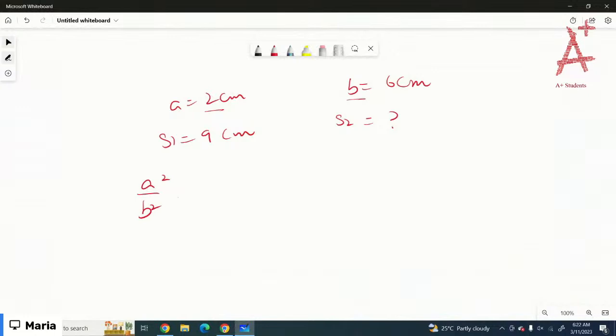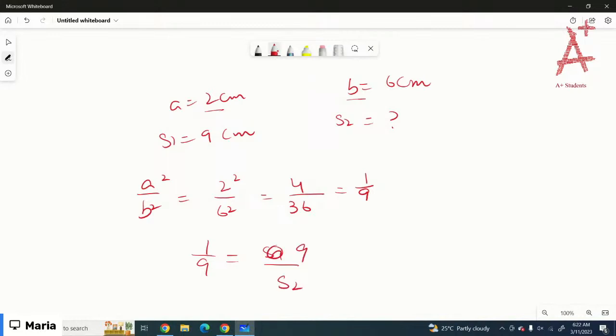Got it? A squared divided by B squared. 2 squared divided by 6 squared. 2 squared is 4 and 6 squared is 36. So it is 4 times 1 is 4 and 4 times 9 is 36. Now let's just equate the corresponding ratios. So it is 1 over 9 equals 9 divided by S2, because we are given S1.